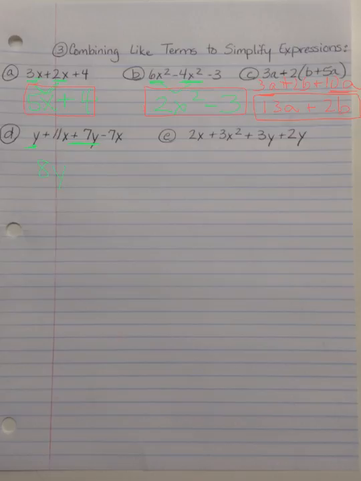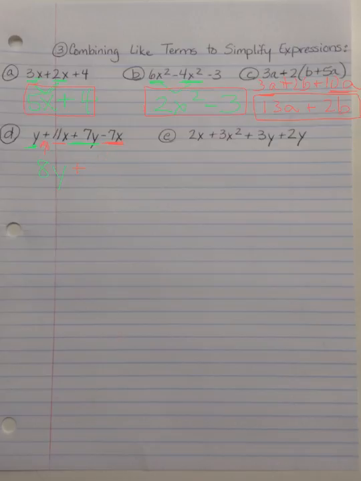And then I can combine my 11x with, I can subtract 7x because it's minus 7x. So 11x minus 7x, and it's going to be plus, because of this plus right here. So I combine my y's, so it'll be plus 11x minus 7x, which, sorry, give that up.